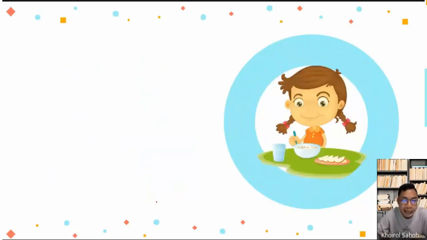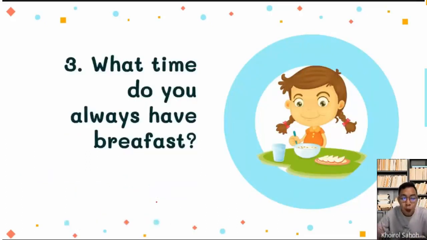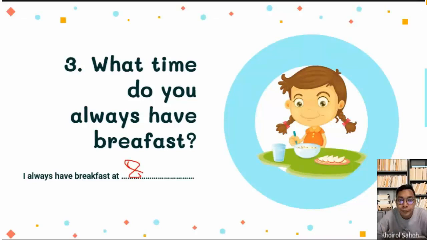Number 3. Next one. What time do you always have breakfast? For me, I always have breakfast at 8. What about you? You raise your hand, okay? You want to answer the question, right?